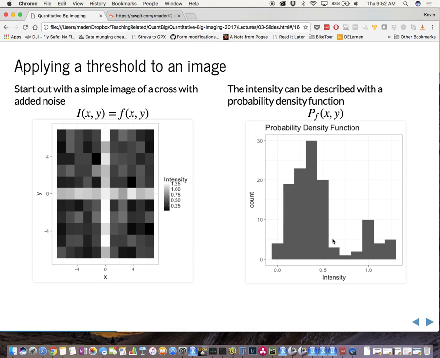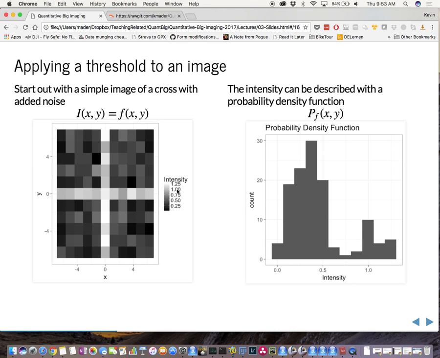And so what this really gives us is the ability to see that there are a large number of fairly dark values, somewhere below 0.75, and then there's a fairly reasonable minority of pixels that are above this 0.75 value.